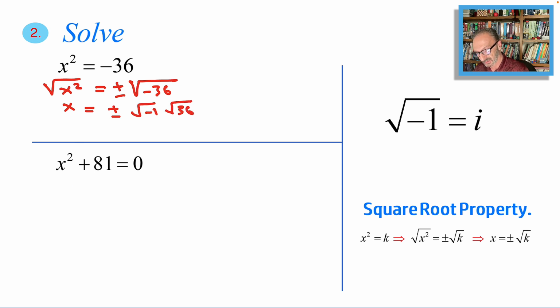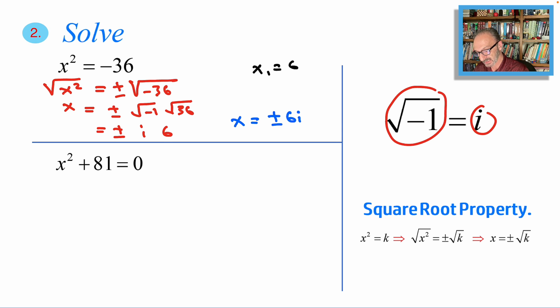And square root of -1 is i, which means we have plus minus i multiplied by 6. It's kind of hard to read it as plus minus i6. Instead we say it's plus minus 6i. So we have two answers. One of them is 6i and the other one is minus 6i.